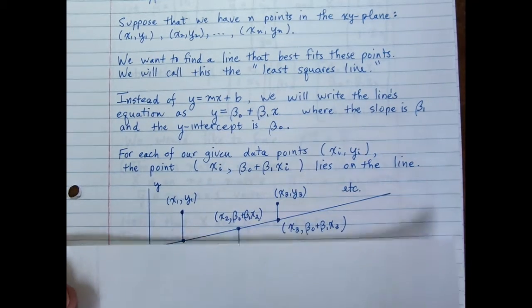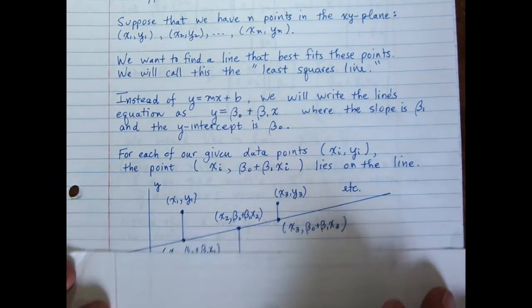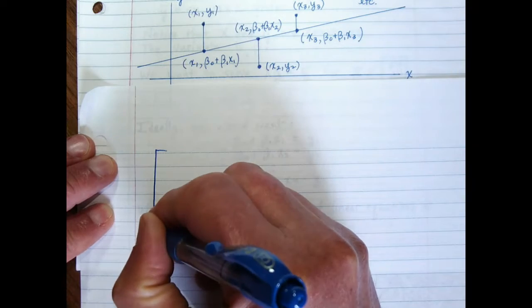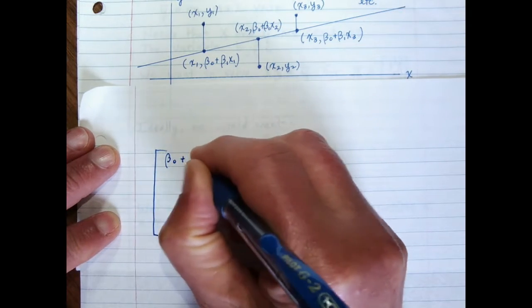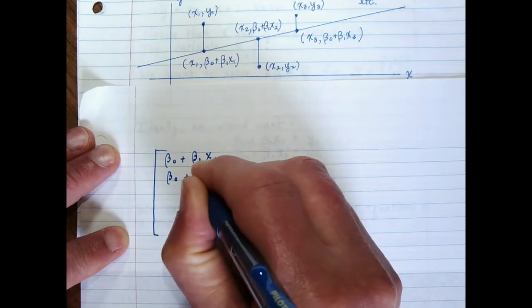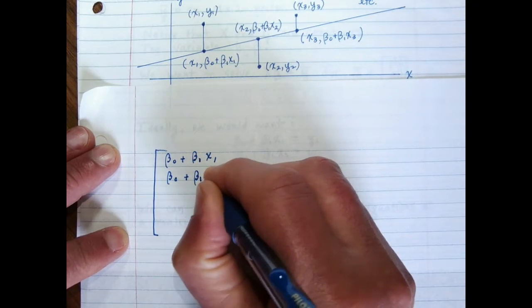So if I were to write, let's move this up a bit, this column vector: beta 0 plus beta 1 x1, beta 0 plus beta 1 x2.